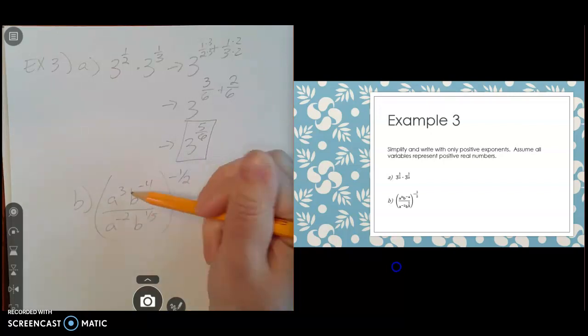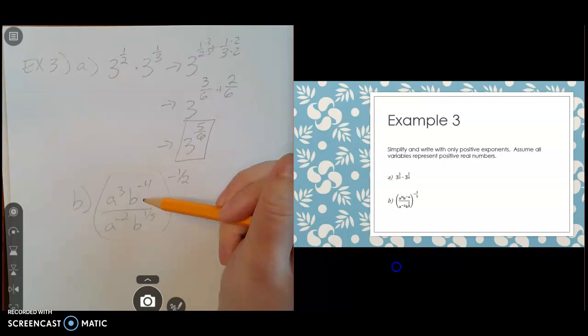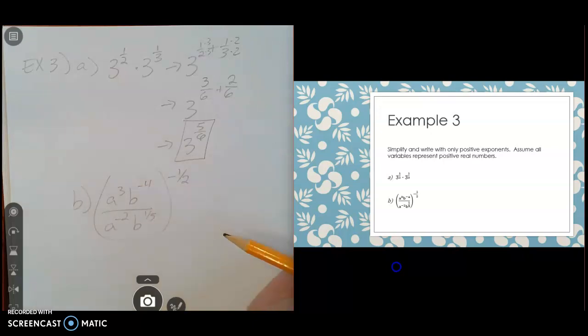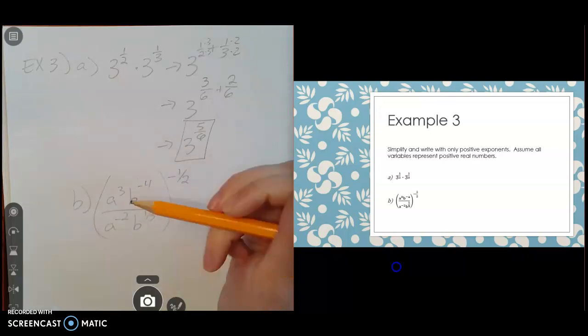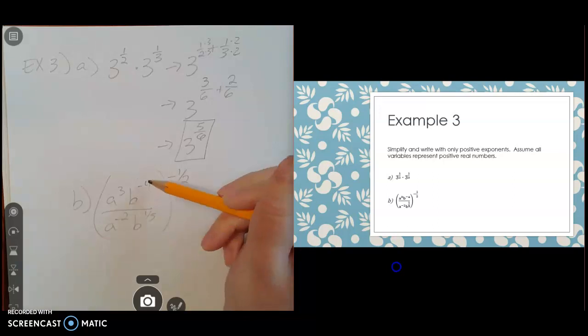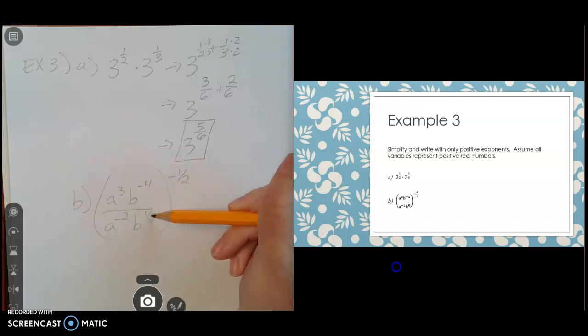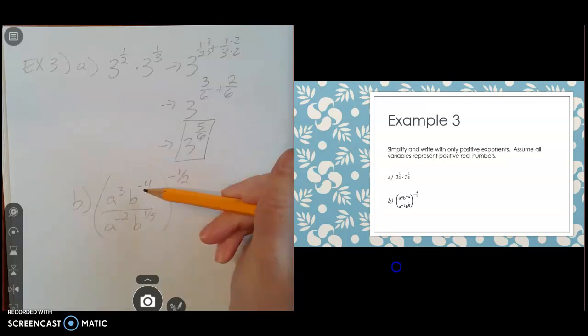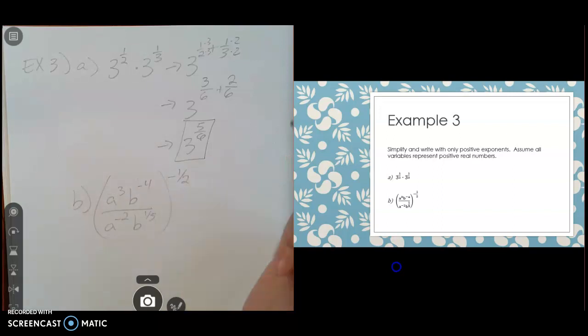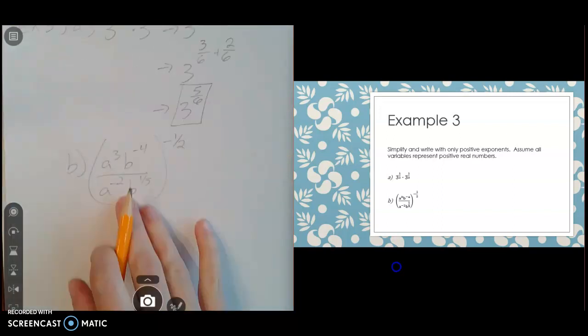The other option is that we could simplify what's inside first and then raise it to the -1/2 power. Personally, I think it's a little easier to simplify what's inside the parentheses first, because this is going to give us a lot of fractions. And we only have one fraction so far, and this is going to give us more. So that's probably what I would do, is simplify inside first.